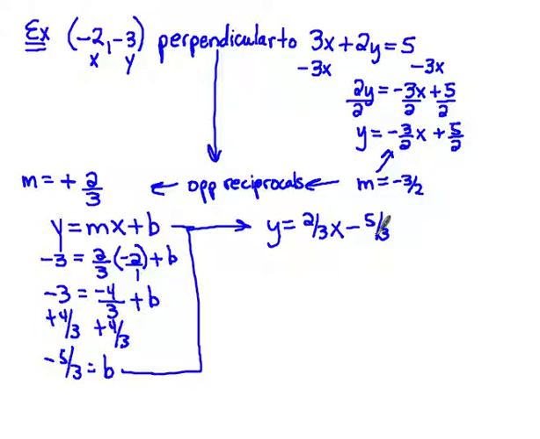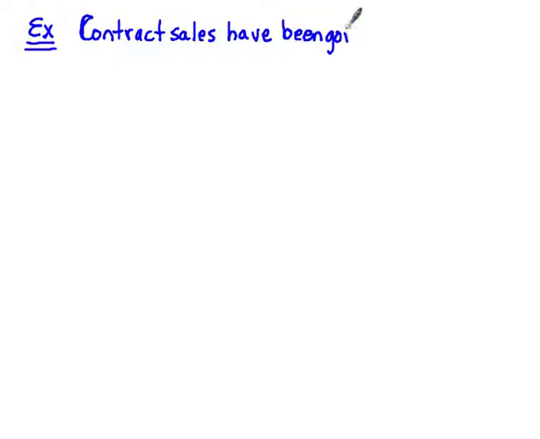The next thing that we have is sort of the last thing, and it's using these in real world applications. So here we go. I'm just going to do one of these examples because they all kind of work the same. All right, let's say that contract sales have been going up since 2007.